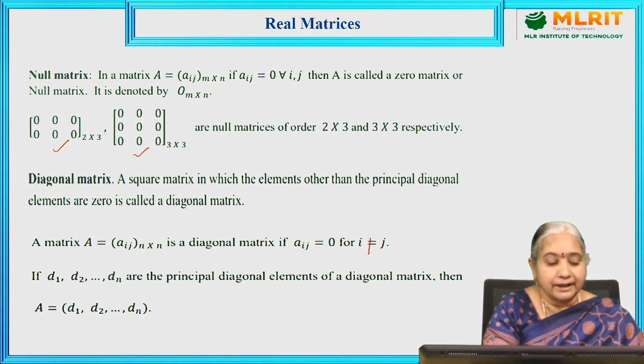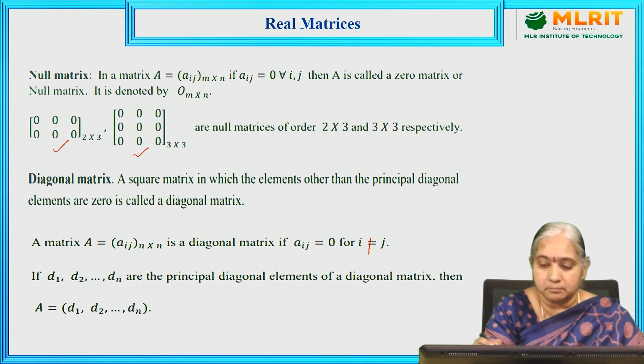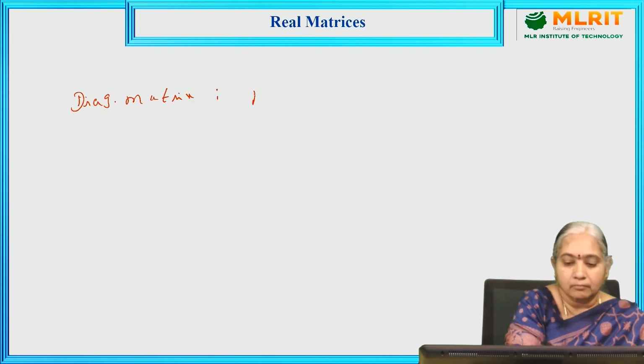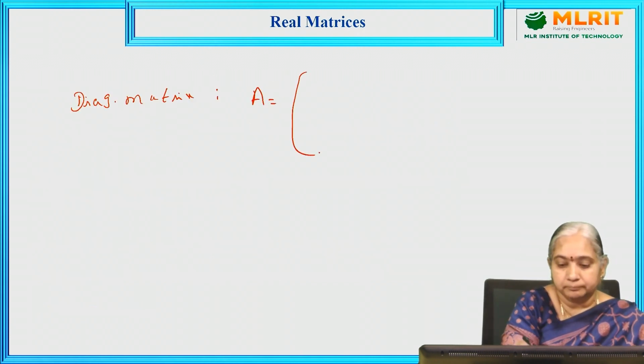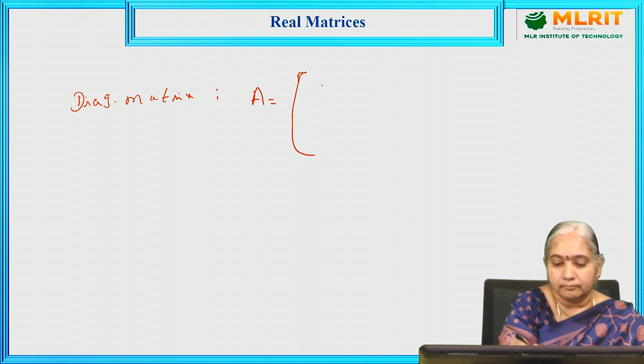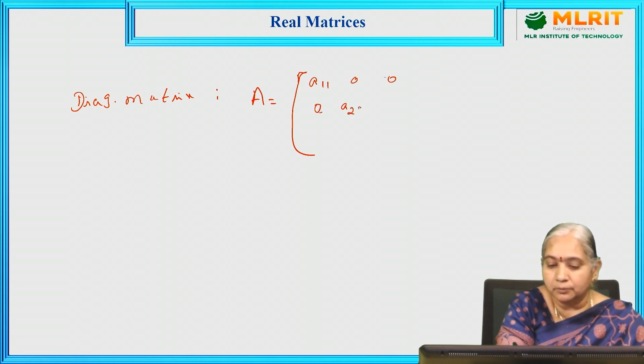The next definition, diagonal matrix. In a diagonal matrix, take the example a11, 0, 0, 0, a22, 0, 0, 0, a33.